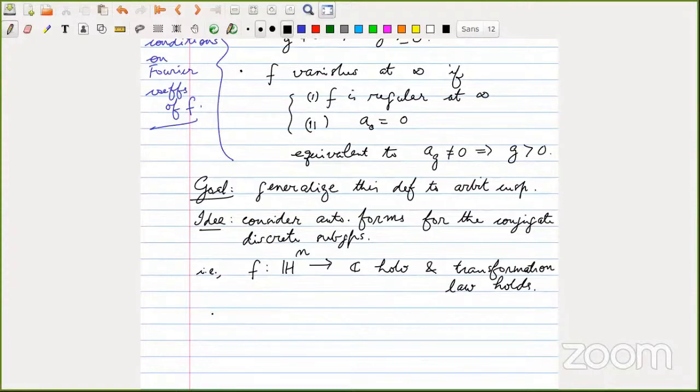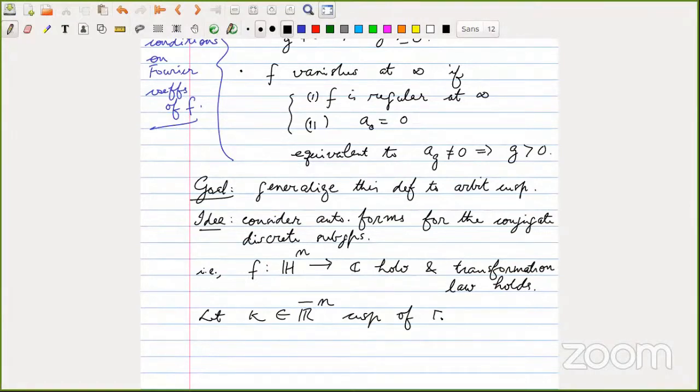Now I take kappa, which is inside R to the n. This can be another cusp, but we have to look at it in the closure. So let this be a cusp of gamma.